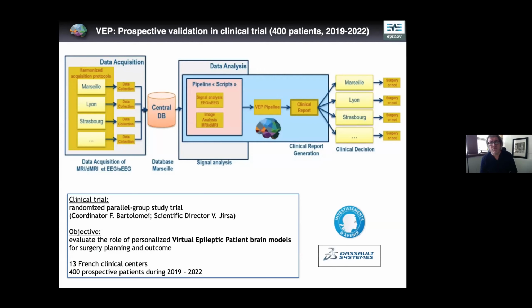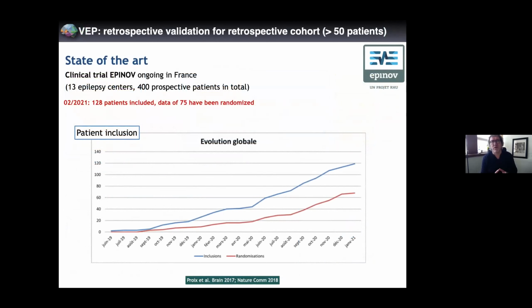There is a blind group, so there is a VP positive and a VP negative group in order to have a comparison. The target is to figure out if this type of virtualization technique actually changes the decision-making of the clinicians.